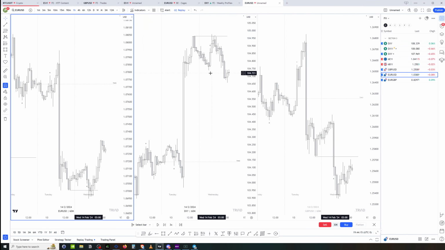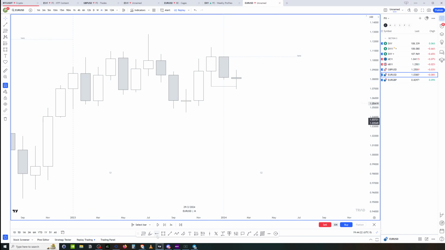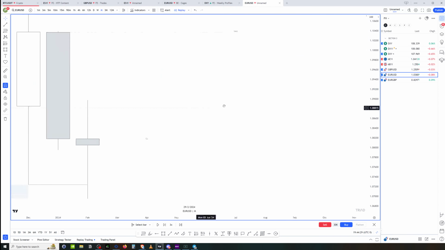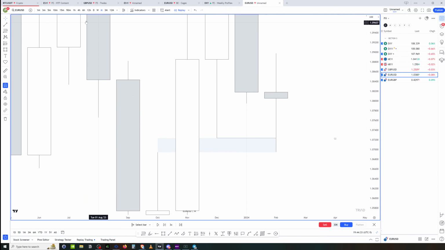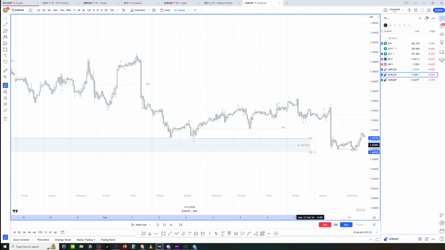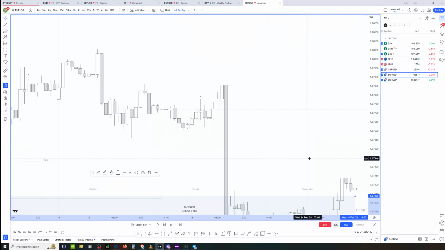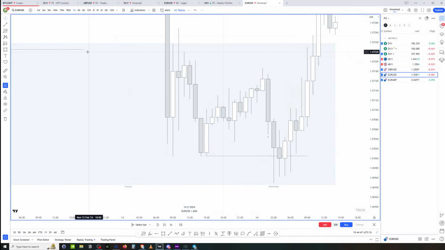Now, all of this is taking place inside of this monthly fair value gap. And not just anywhere inside of this monthly fair value gap, it's happening right there.